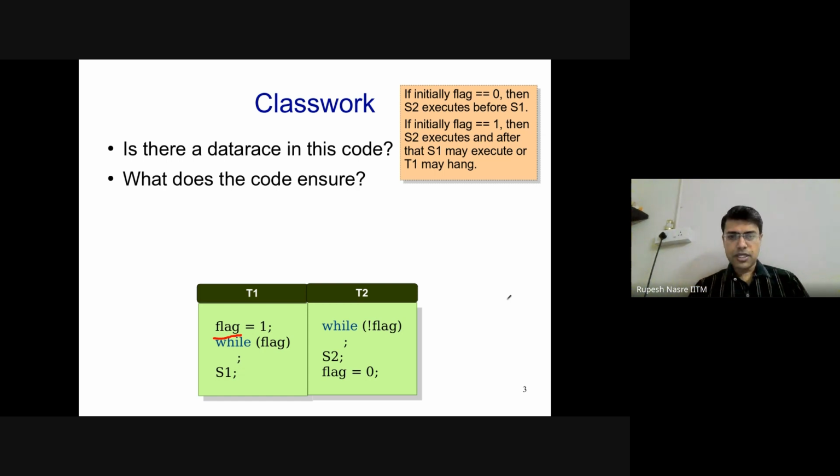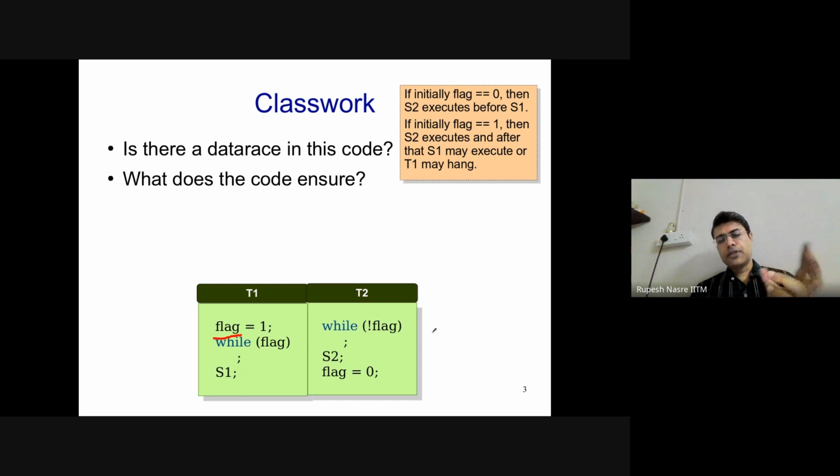If the flag is 0, then while not of flag is going to be true, and therefore T2 is going to wait, and then T1 is going to set flag to 1 either now or before T2 starts executing, but T1 is going to wait until T2 sets flag equal to 0 here. Therefore, if initially the value of flag is 0, then S2 must execute before S1. So that is one guarantee that it gives.